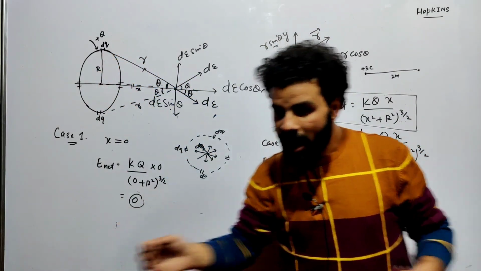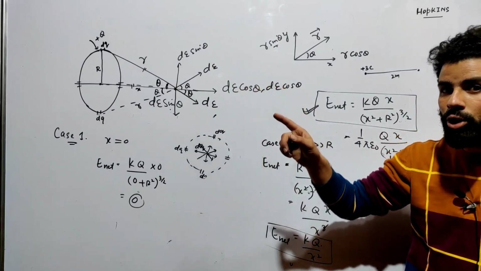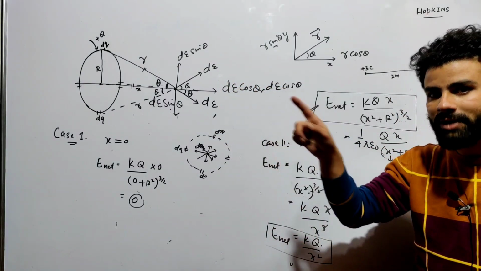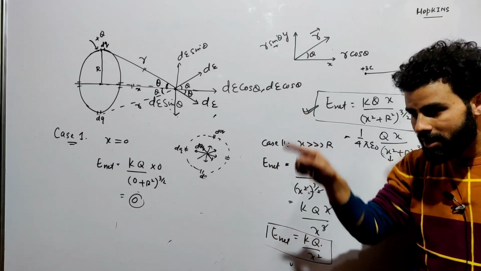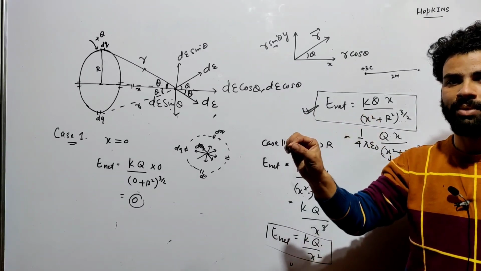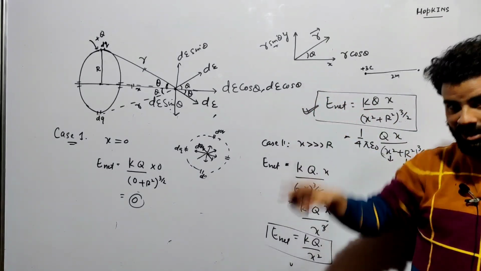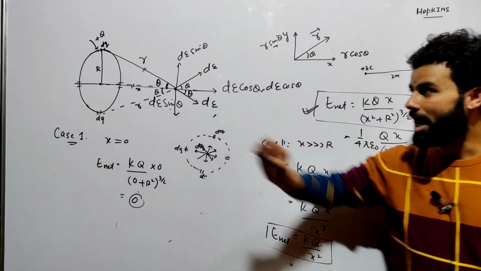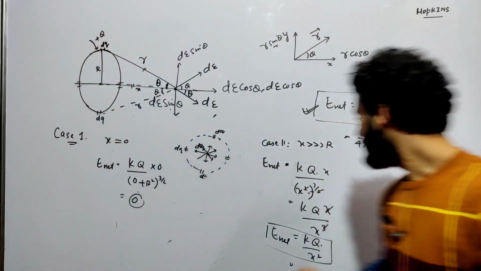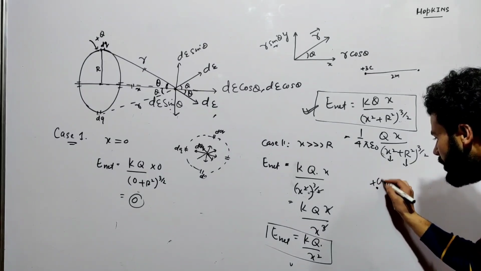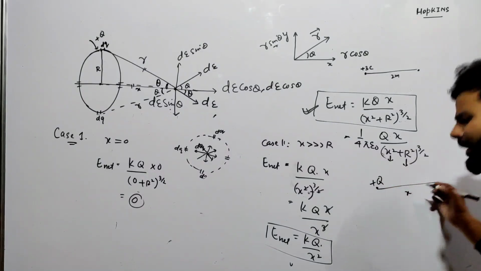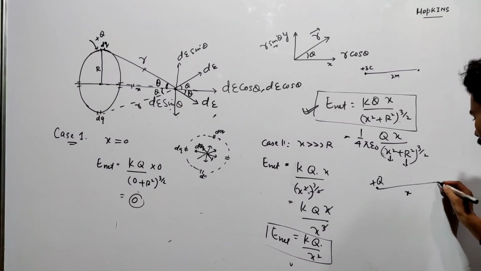Because the farther I go from this ring, the smaller the object would seem. Once I go very, very far, from 20 kilometers from this charged ring, I would see a single charge plus q, like this, plus q. This is some very far away point, 10 kilometers, 20 kilometers.